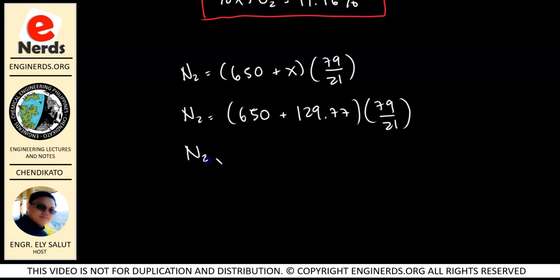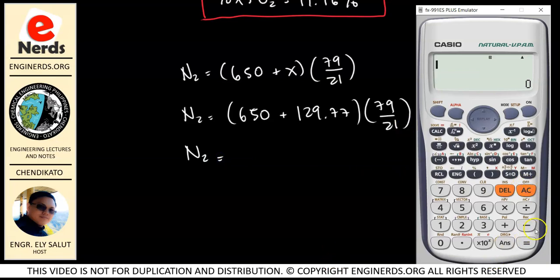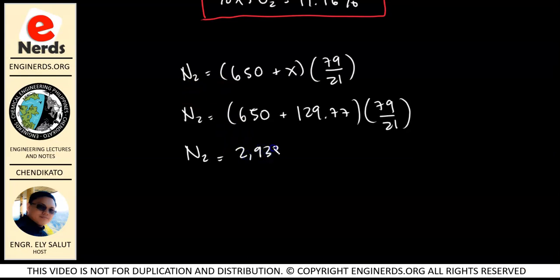Let's have our calculator. We have 650 plus 129.77 times 79 divided by 21. So we have 2,933.42. Is that right? Let me verify. 42, yes. So, we have that gram mole of N2.